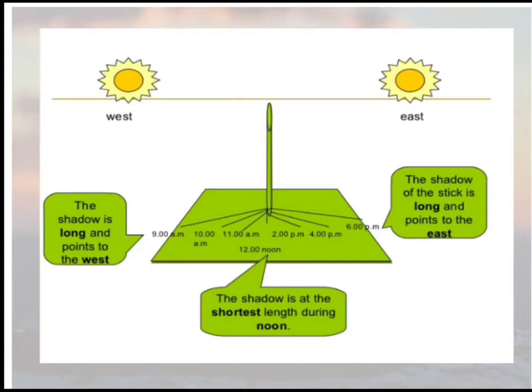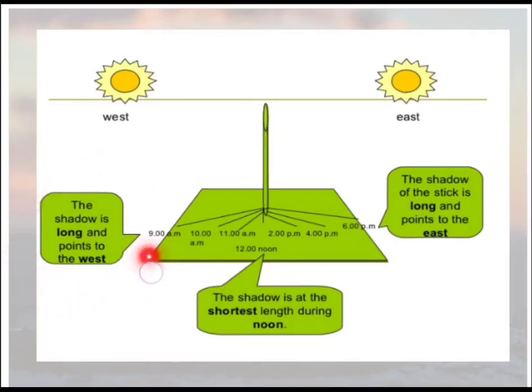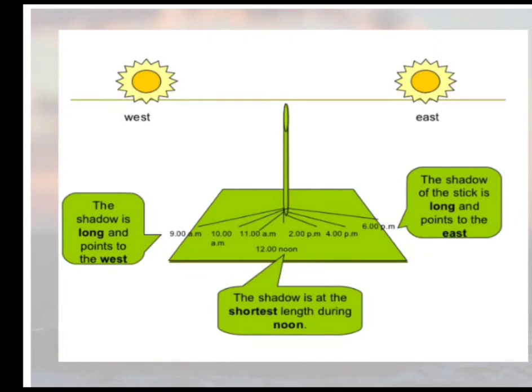At 2 p.m. then we have longer at 4 p.m. and again at 6 p.m. if we compare with 4 p.m. the shadow is longer at 6 p.m. So we have shadow is long during the morning and evening, and shadow will be shortest during the noon time. And next thing we have discussed, that shadow will always be formed in the opposite direction to the source of light.